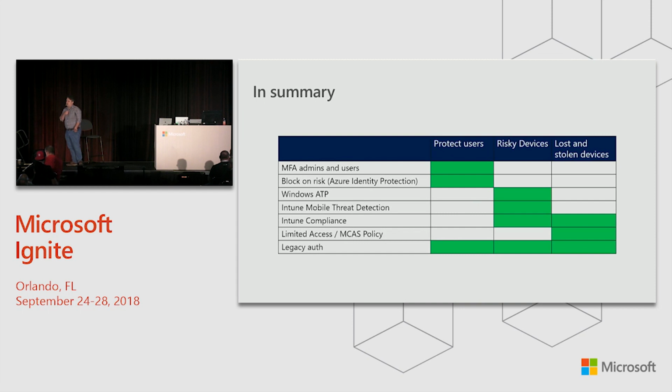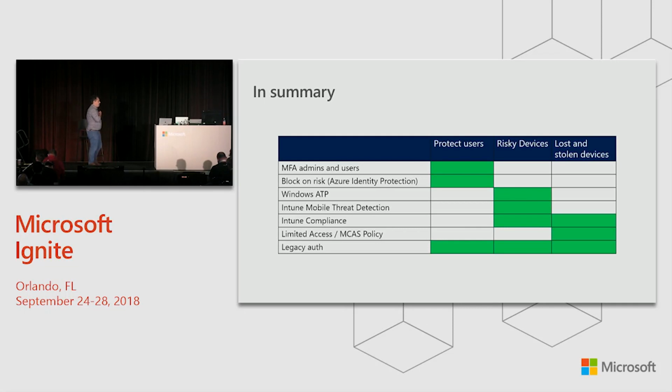and blocking user access if there's a high risk that the user account has been compromised. Applying those MFA policies and policies based on risk are fantastic steps in making sure it's the right users accessing your data. For risky devices, using the Windows ATP integration and Intune mobile threat detection across Windows and other platforms, and then Intune compliance to push that out, are the main features there.